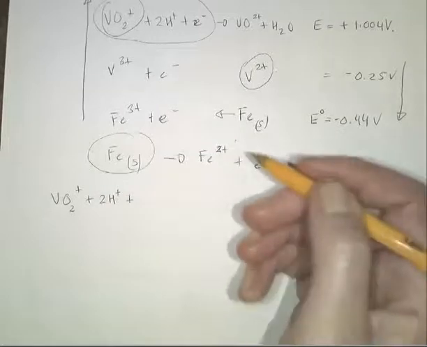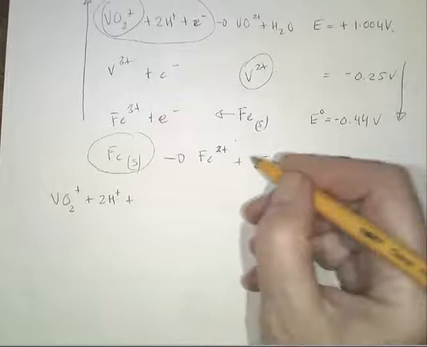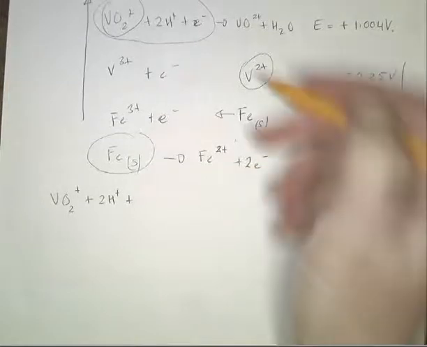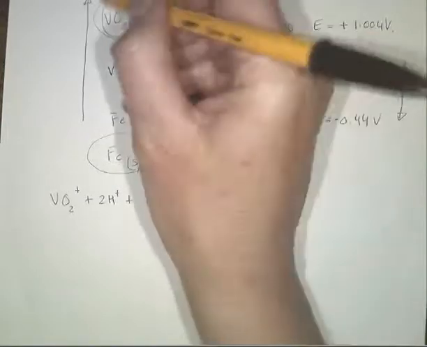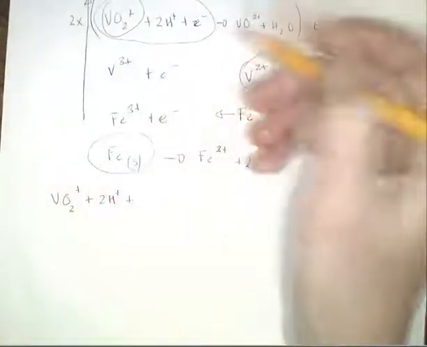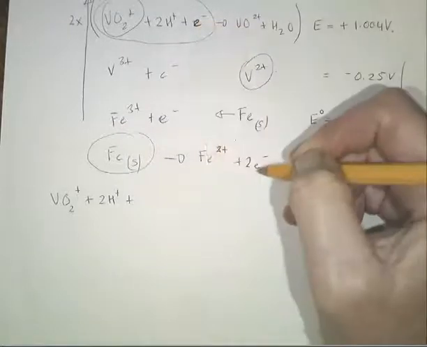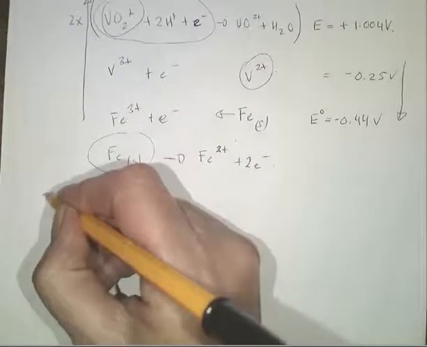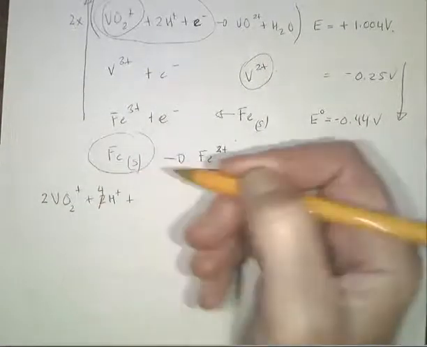The first thing you need to make sure is that the electron numbers are balanced. So this entire thing at the top needs to be multiplied by 2 because you have 1 electron and this has 2, which means we need 2 of these and 4 of those.